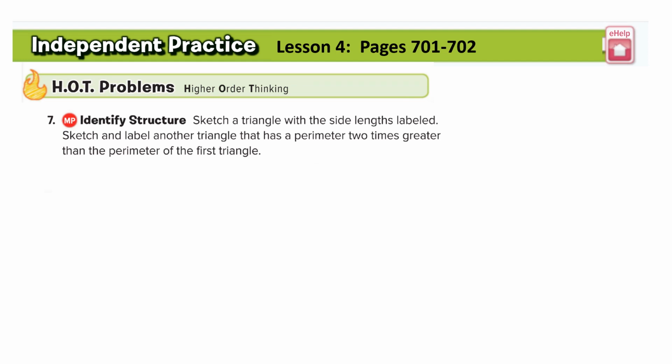Question 7. Sketch a triangle with the side lengths labeled. Sketch and label another triangle that has a perimeter 2 times greater than the perimeter of the first triangle. So in order to get a perimeter 2 times greater, the side lengths each have to be 2 times bigger.